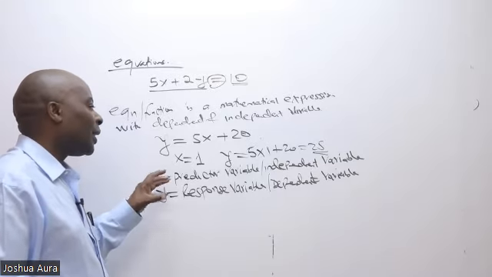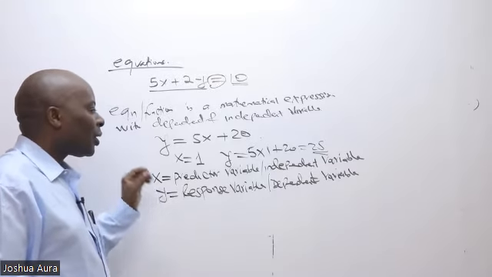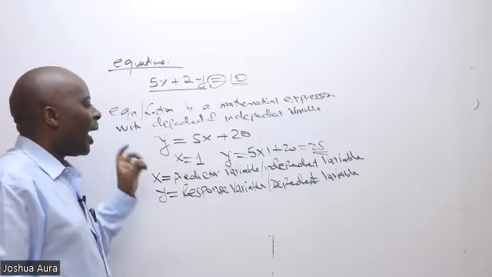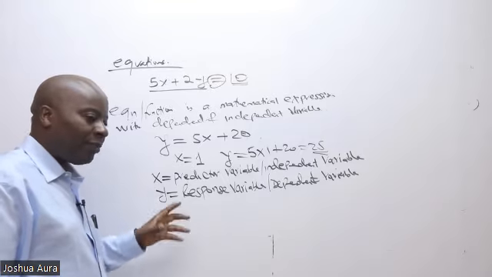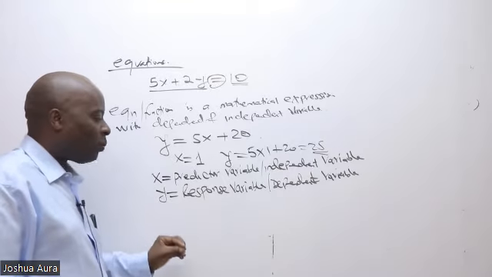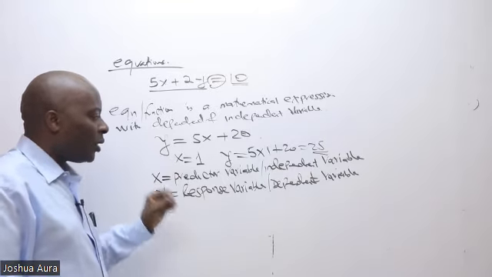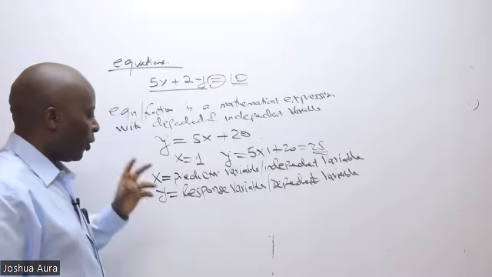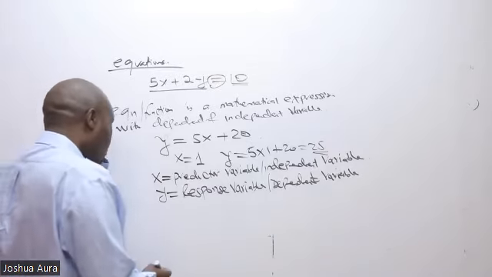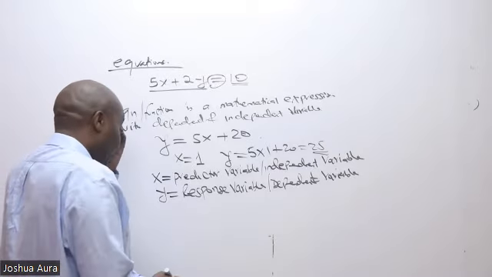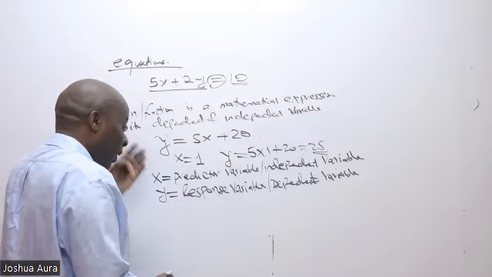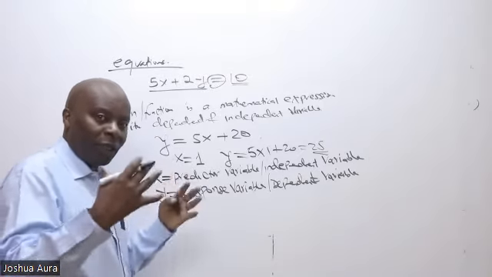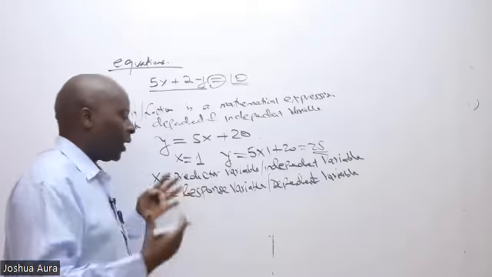Now, as we dive further into this concept of predictor and response variables, there is something that I would want you guys to appreciate. If, for example, somebody was to give you two variables, which are those phenomena which keep on changing, taking different values.